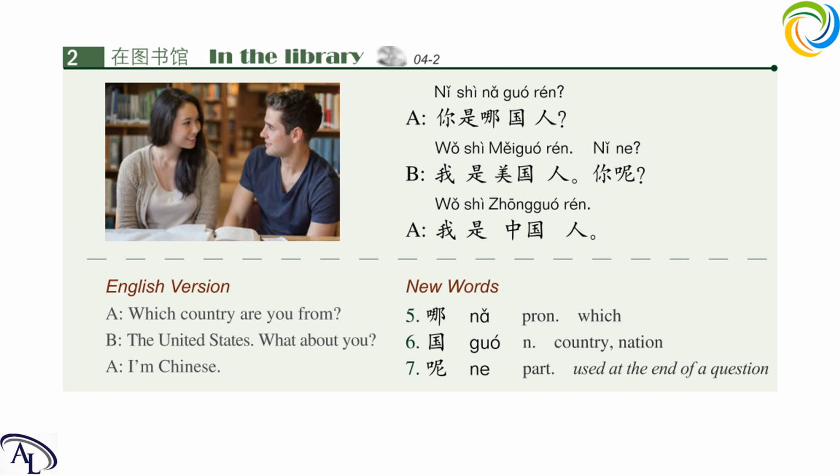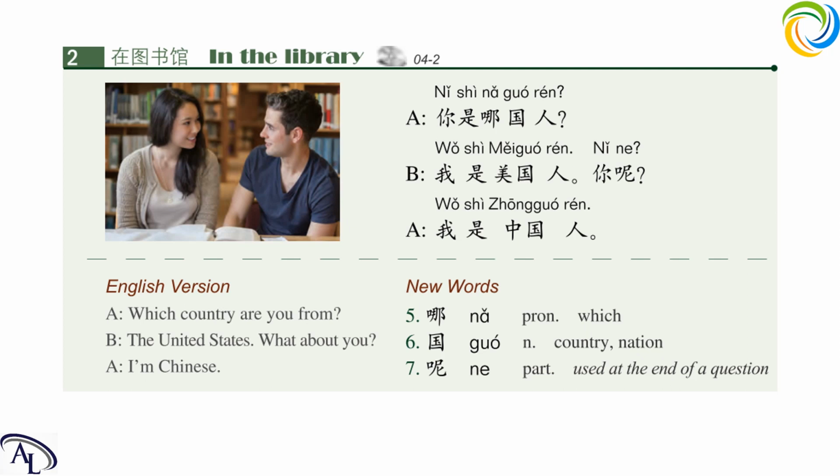This time I will be A and you will be B. Okay? 3, 2, 1. 你是哪国人？我是中国人。Very good.